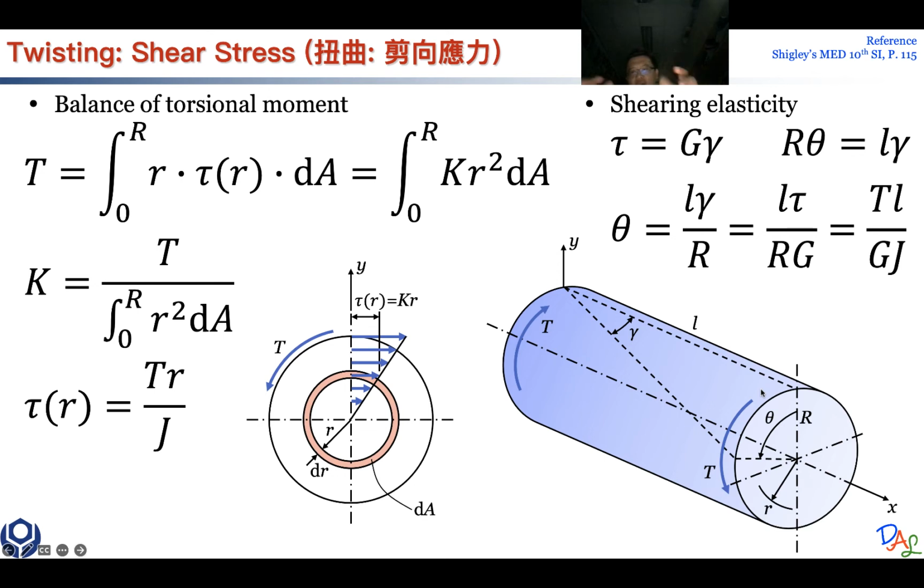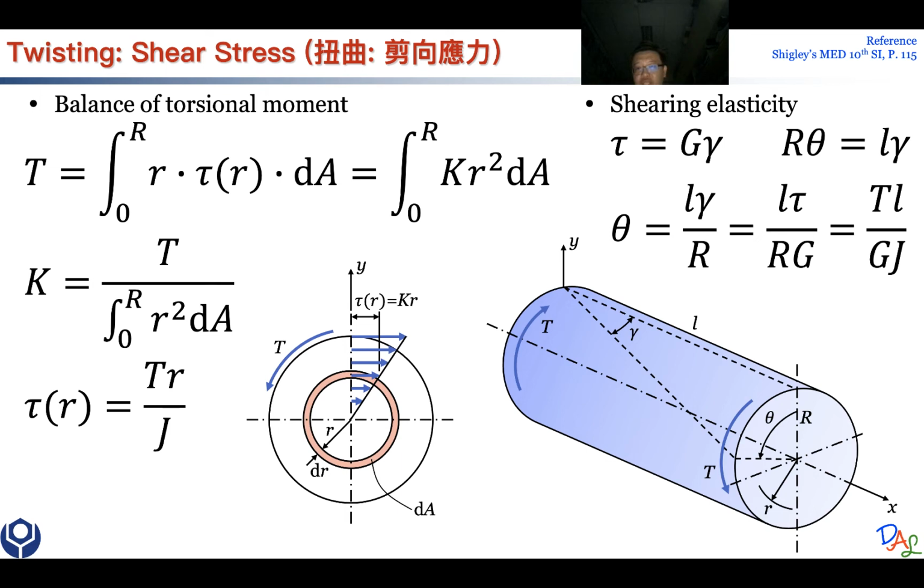These two are causing twisting of the cylinder. If you draw a dashed line from here, due to this twisting, this dashed line could be twisted up to here. So there is a generation of angular difference due to the twist.